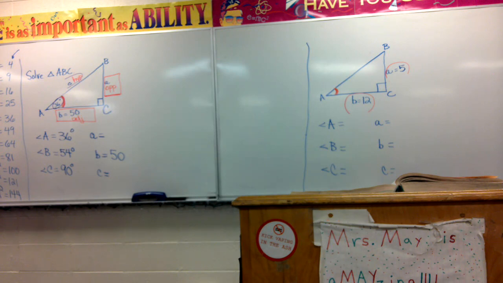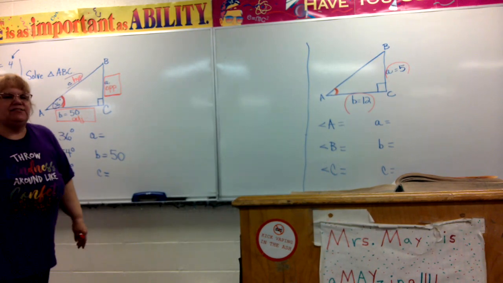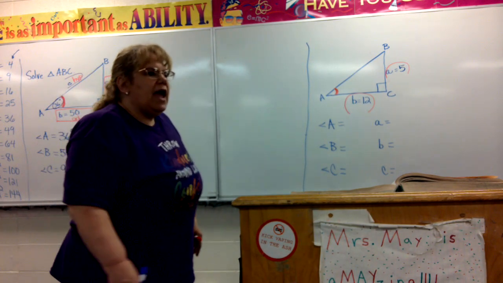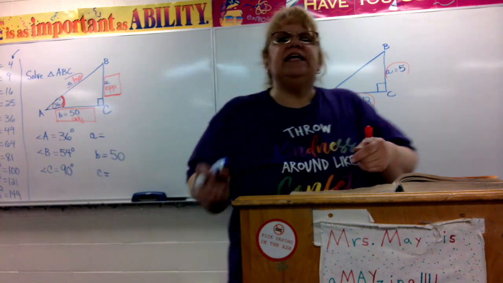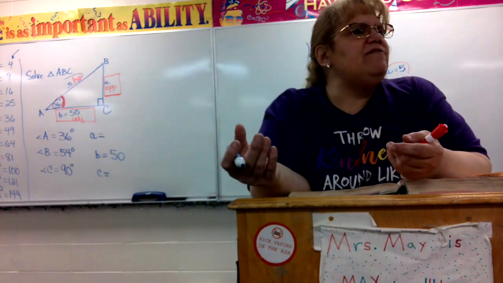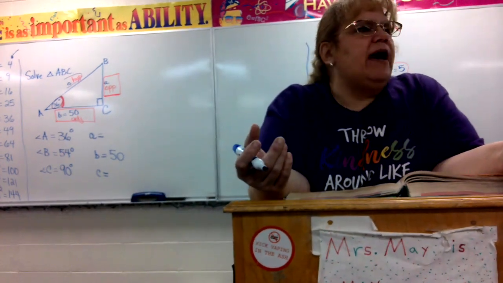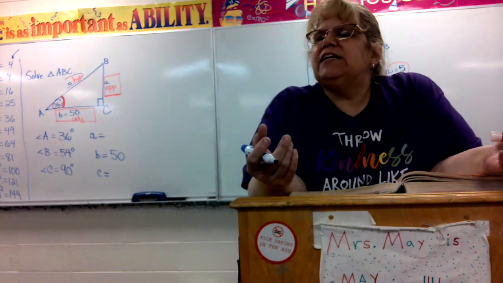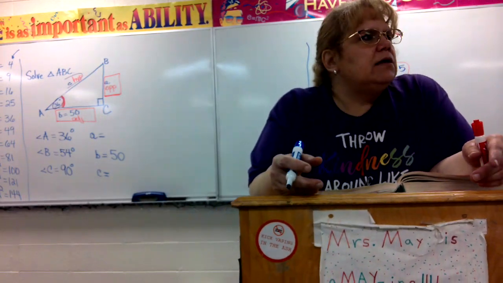And to do that, we're going to use sine, cosine, or tangent. Just a side note here before we try. If you're asked to find something, and you can either use information they gave you or information that you calculated, which do you think is more reliable?